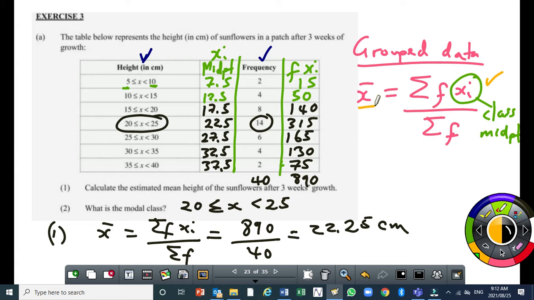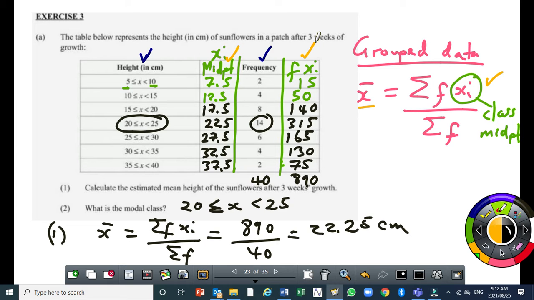Now, in order to get this, you cannot use your calculator directly, like in the case of ungrouped data. You have to create two extra columns. The first column is for the class midpoint. Then you also have a column for the product of each midpoint and its corresponding frequency.